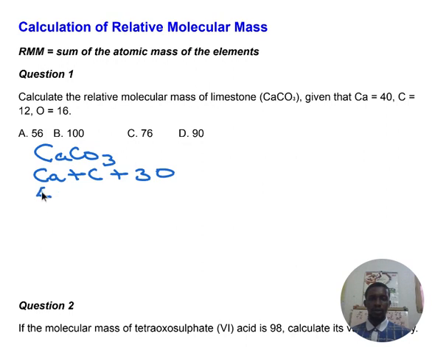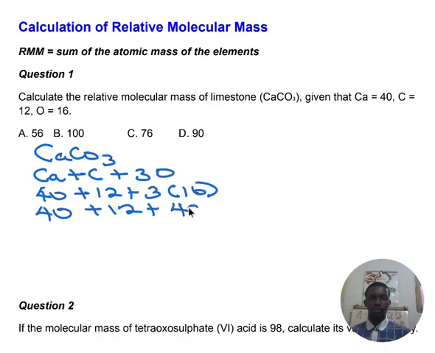So calcium is 40, carbon is 12, oxygen is 16. Because we have 3 oxygen, it is going to be 3 times 16, which will give us 48. So when you sum up the masses, you're going to get 100 grams. Alright, so our answer there is B.